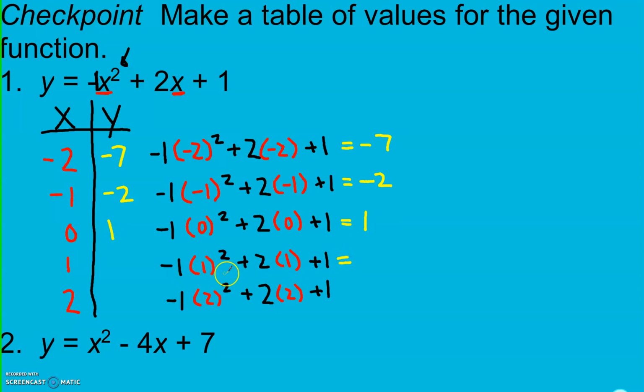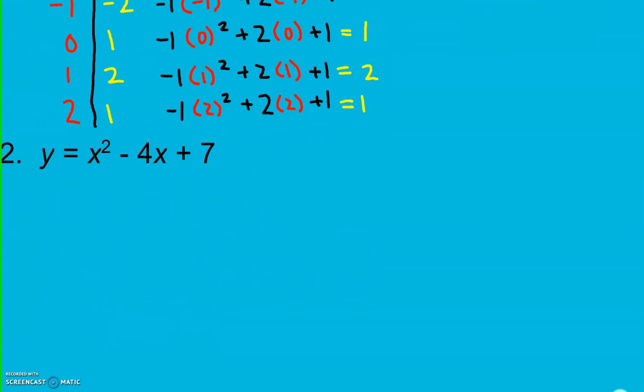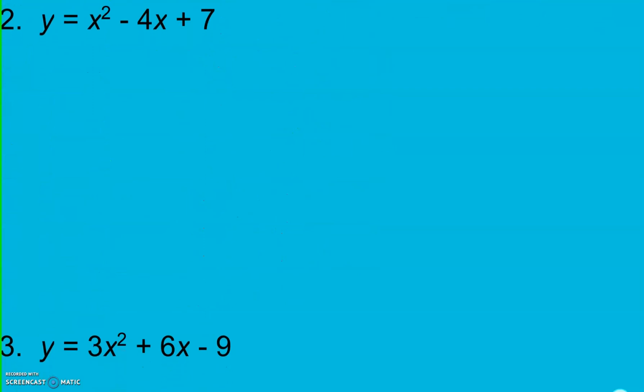Here should get 2. And here should get 1. Again, my table now makes ordered pairs, -2, -7, 0, 1. Those are solutions and ordered pairs of my graph. Go ahead and pause and give 2 a try.